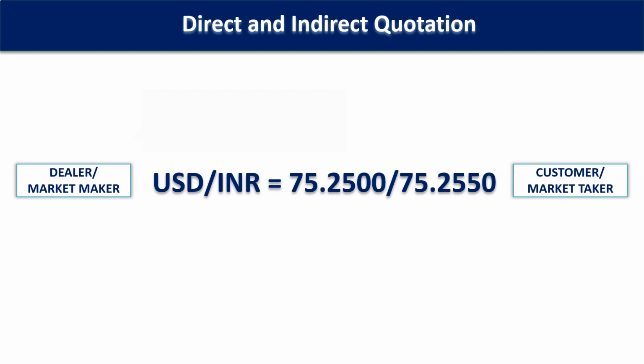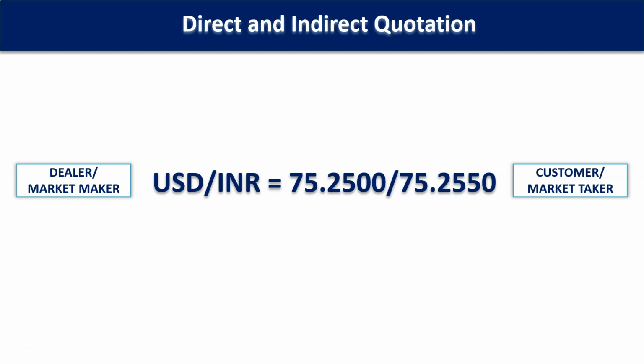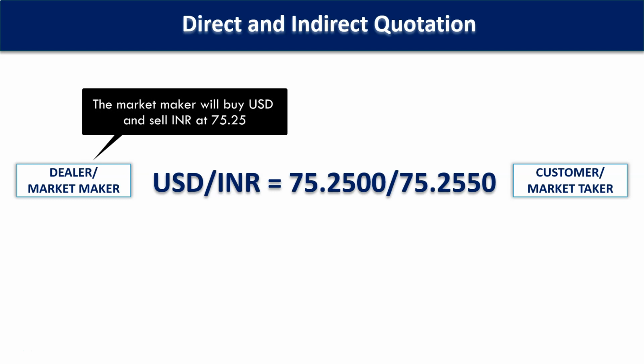So this rate is the market maker's rate and the buy and sell is denoted from the market maker's point of view. But indirectly we can derive the market taker's view from the rate too. The market maker will buy USD and sell INR at 75.25.